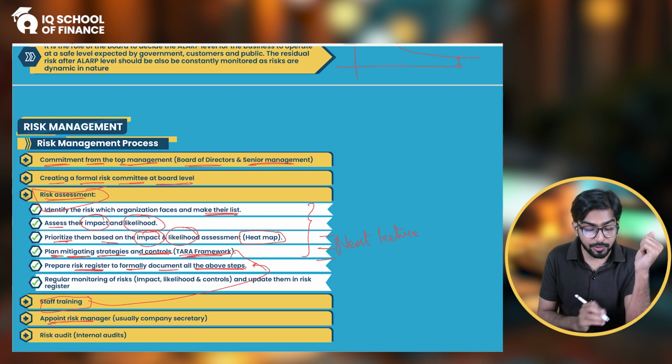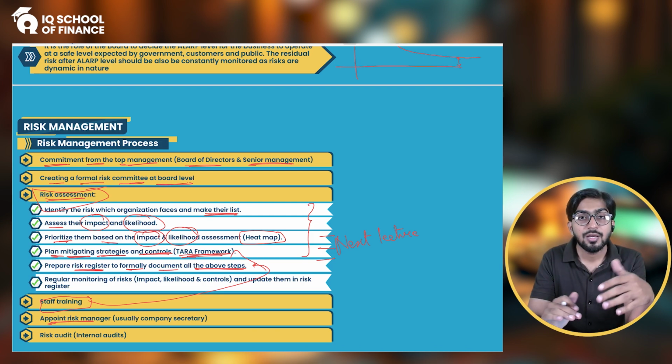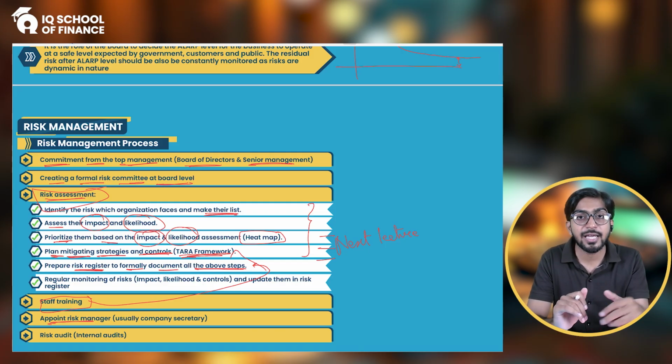You will appoint a risk manager, right? So the risk manager would be among your lower management, working alongside your staff, who will look after your staff, who will guide them, who will train them, and who will ensure that whatever strategy the board has made is complied with by each and every one.